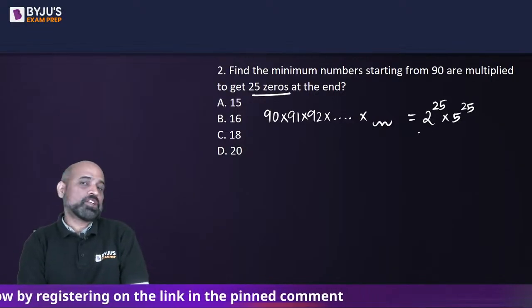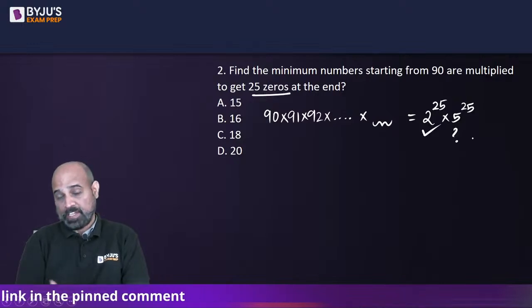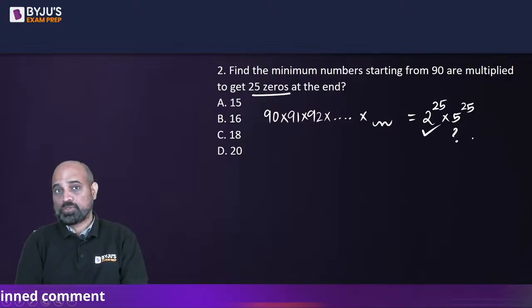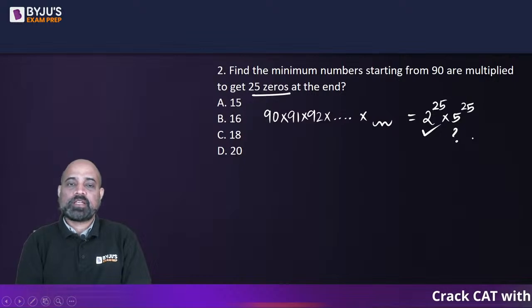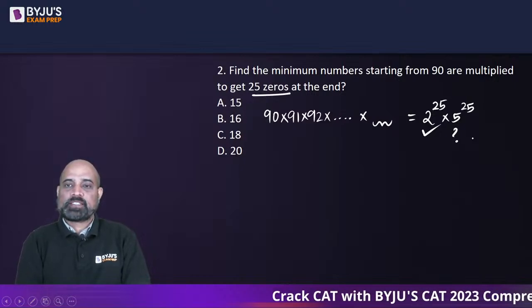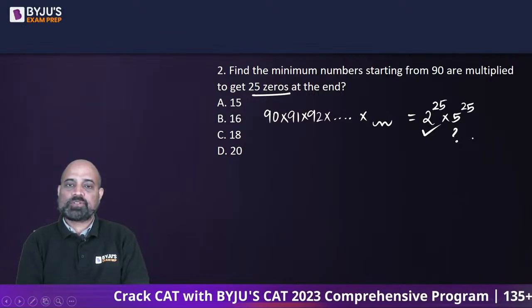Now, if you pay attention, you will have tons of 2's. The only problem is, will we have enough 5's? Because 2 is going to be there in every second number for sure, but 5 doesn't come so regularly. So what we need to do is start with one of the values.